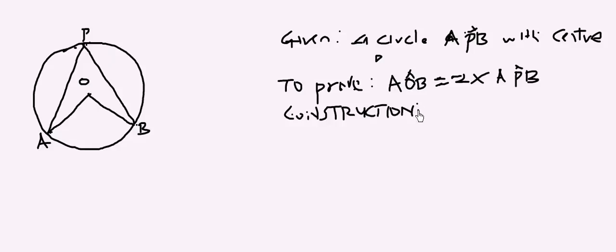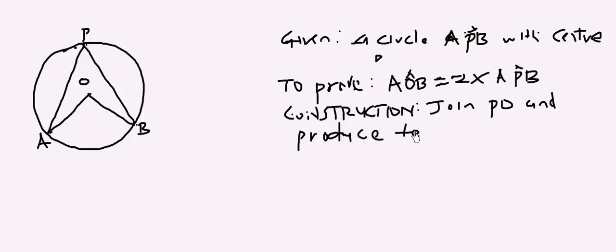In that construction we simply join PO and produce it to any point Q. So we are joining P here to point O here.